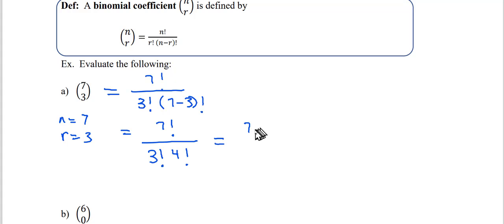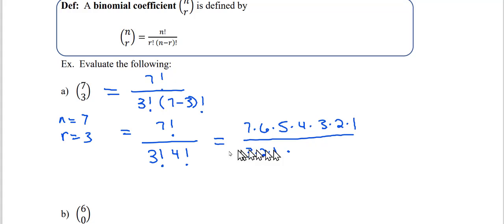7 factorial means 7 times 6 times 5 times 4 times 3 times 2 times 1 over 3 factorial, which is 3 times 2 times 1, times 4 times 3 times 2 times 1. Well, the good news about this is that these are all multiplied, right?